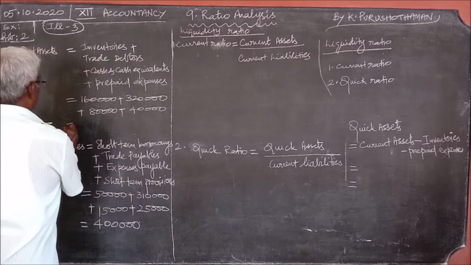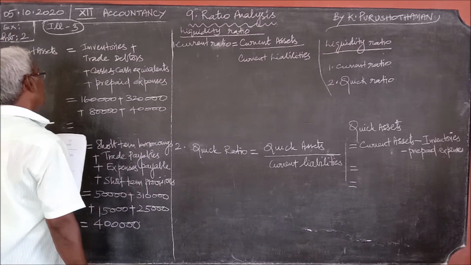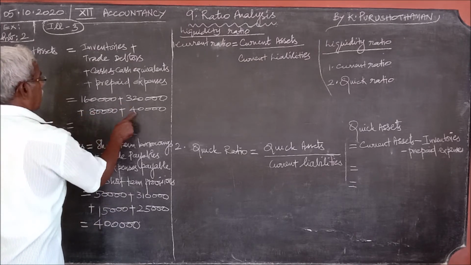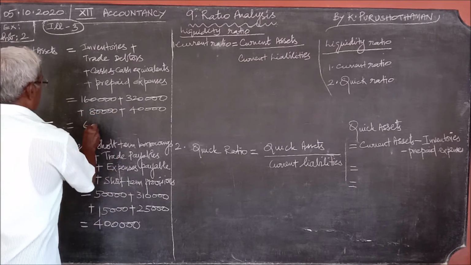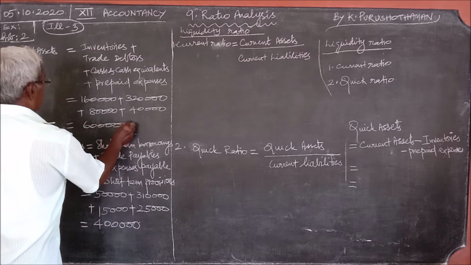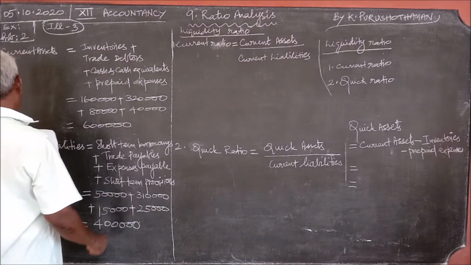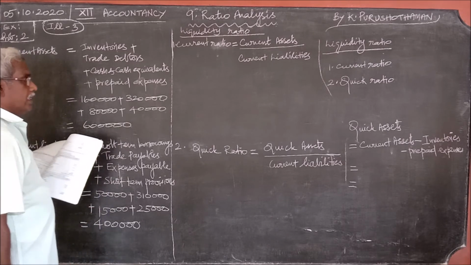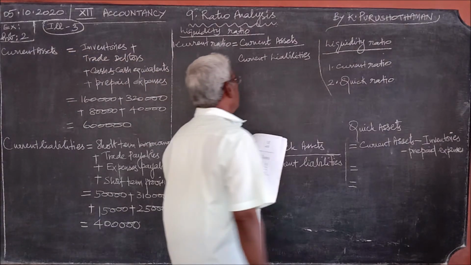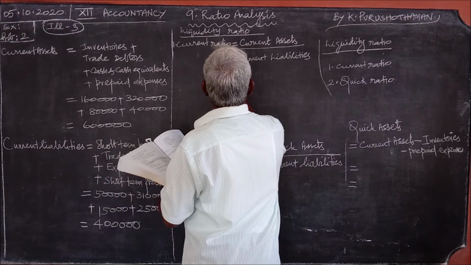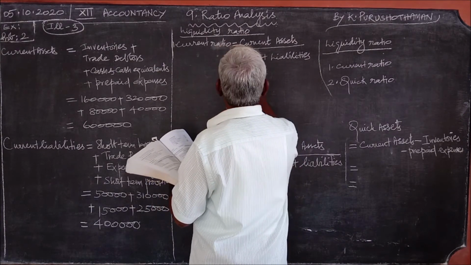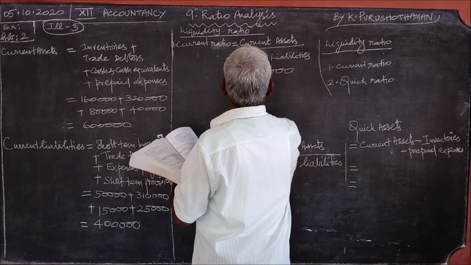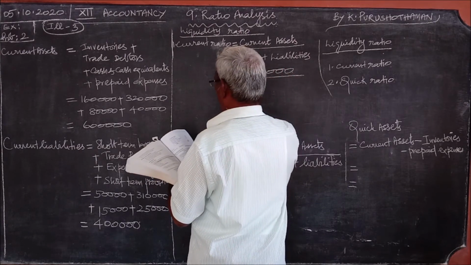This is equal to 480, 560 plus 40,000, 6 lakhs. So, this is 6 lakhs given, this is 4 lakhs given. And we can find the current ratio. Current asset value 6 lakhs, current liabilities value 4 lakhs.